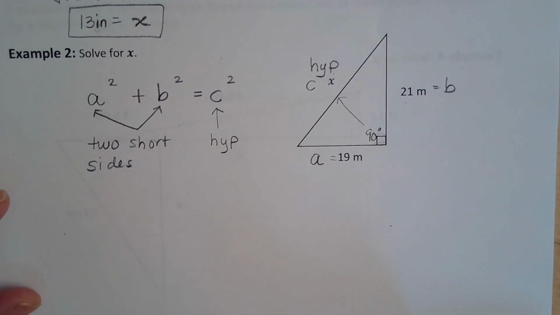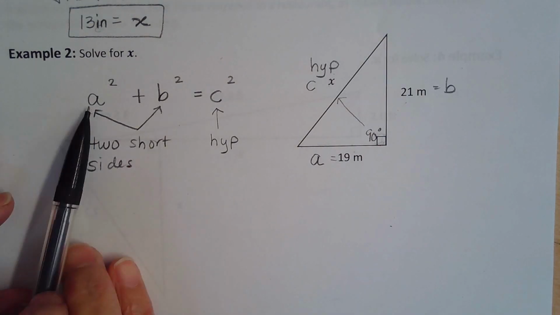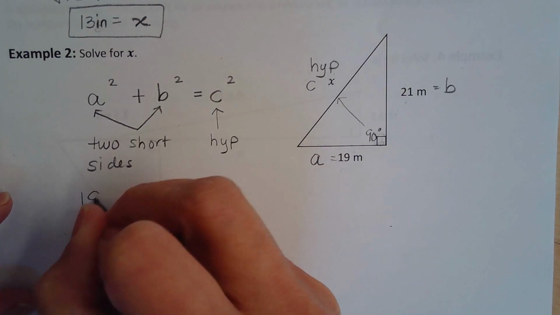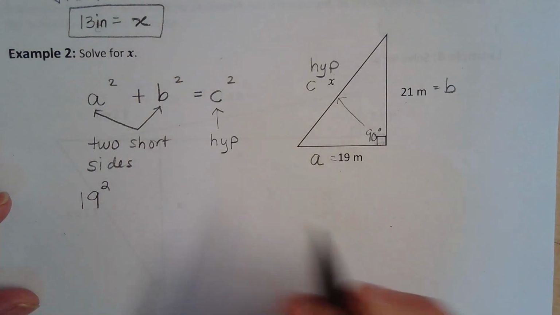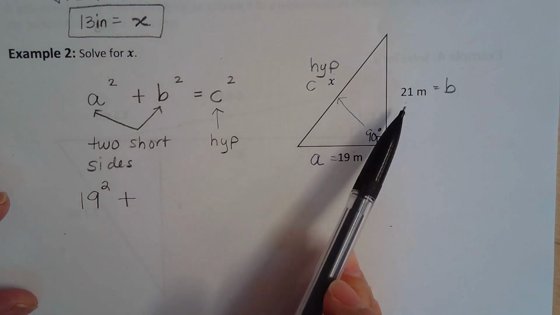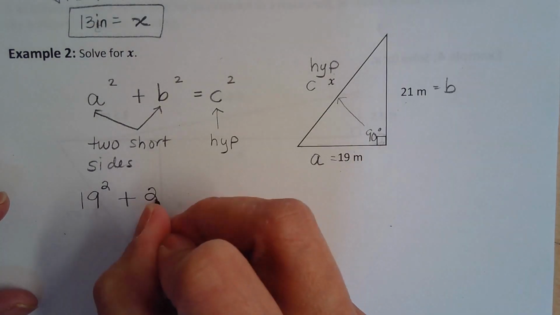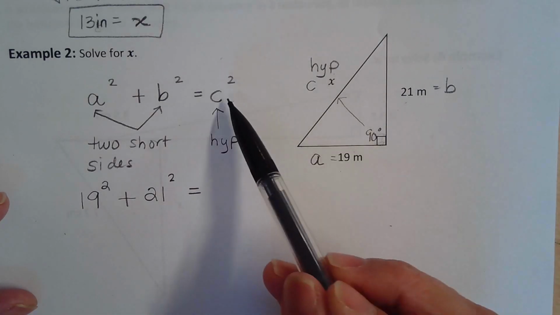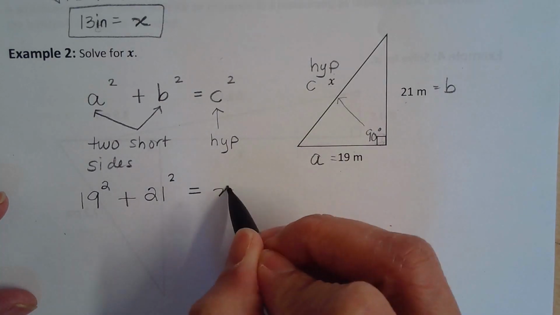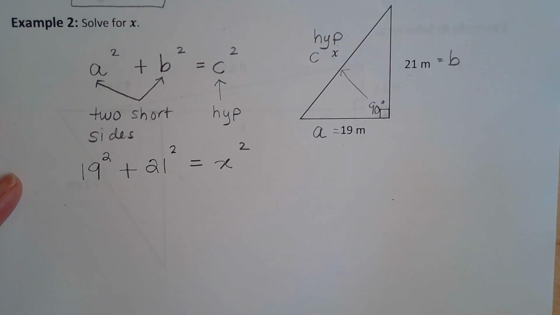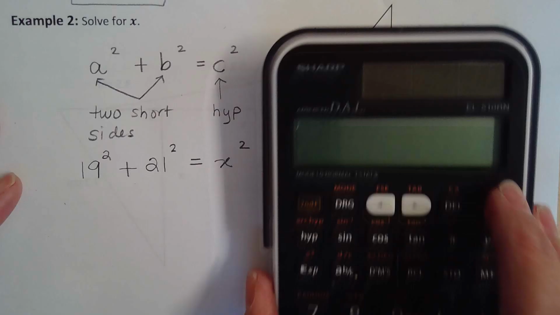So let's do the substitution. A is 19, so I'm going to put 19 squared plus B is 21, so 21 squared equals C, or that would be our x squared. So 19 squared plus 21 squared.